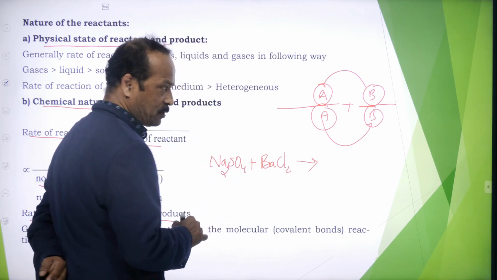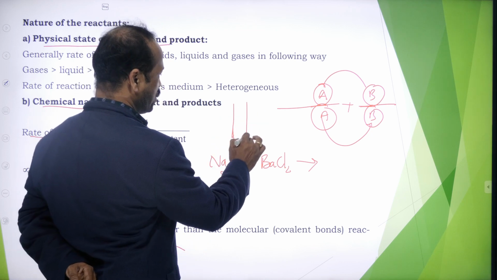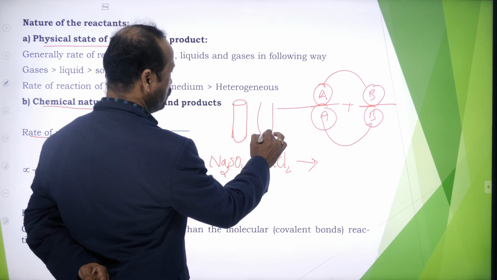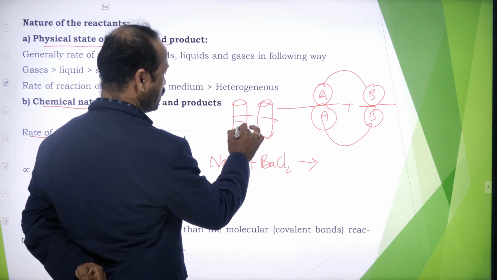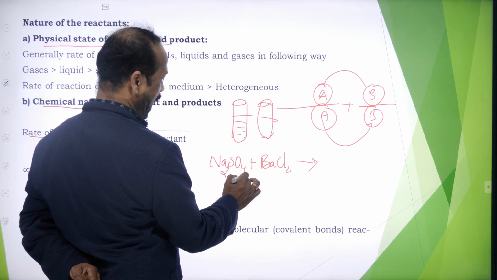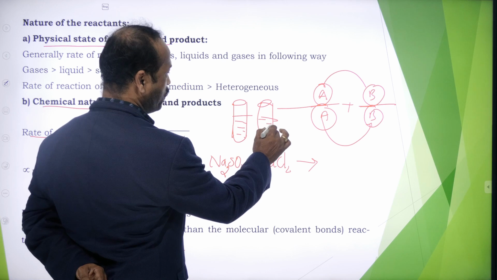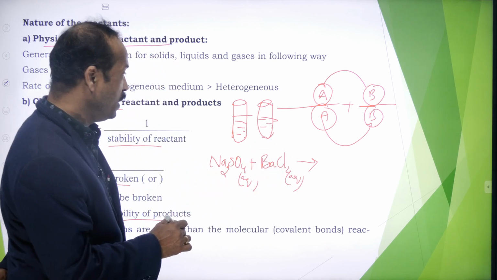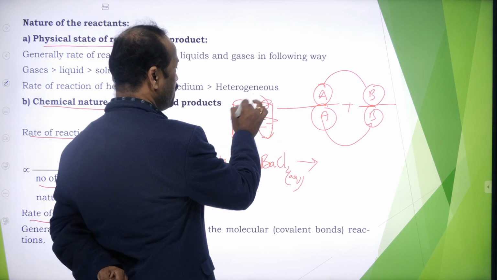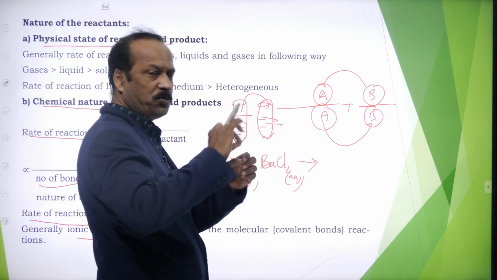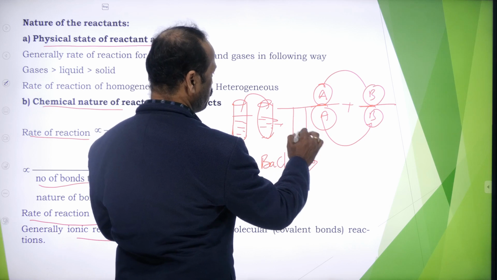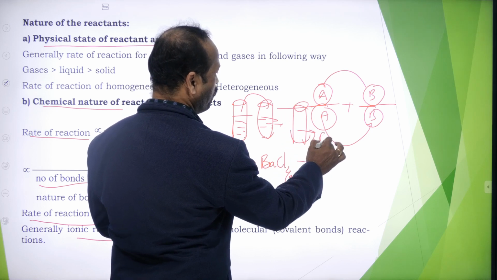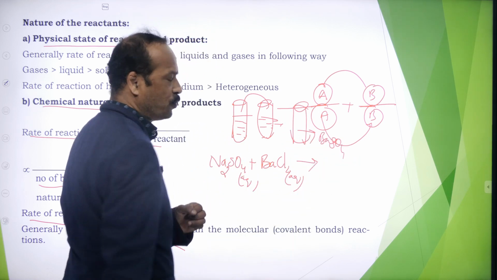Now, when the reaction takes place, for example, if you take two test tubes, in the first test tube you take aqueous sodium sulfate solution, and in the second one you take the aqueous solution of barium chloride. Now, when you mix them with each other, immediately a white precipitate of barium sulfate, BaSO4, is formed.